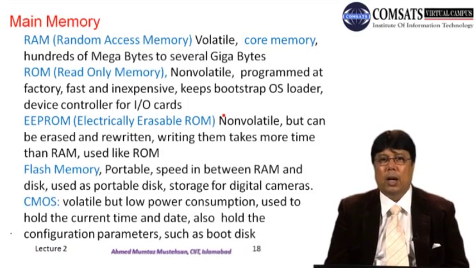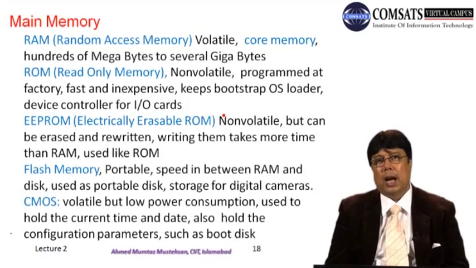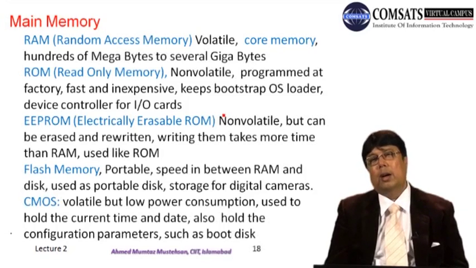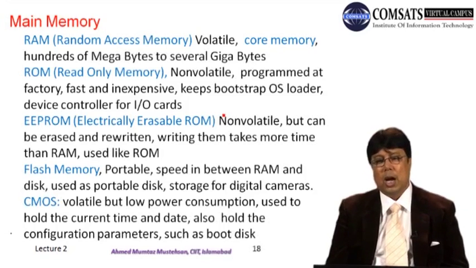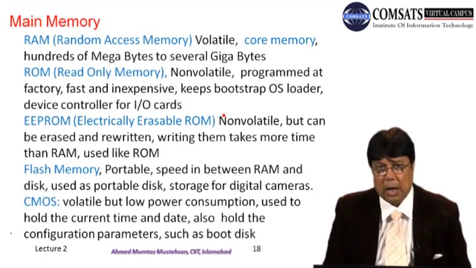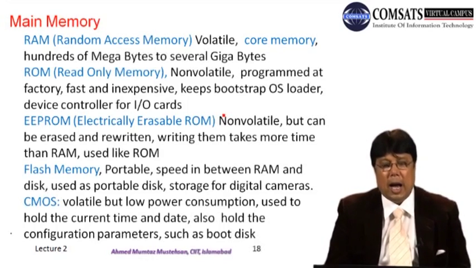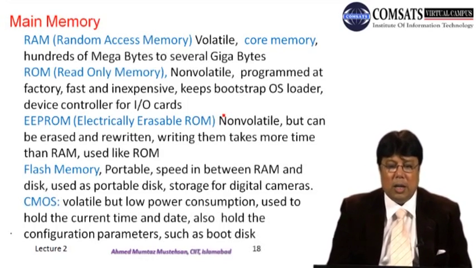So we can have 1 gigabyte RAM, very common with PCs, and we can have 8 gigabytes available with workstations, and nowadays the servers which are available have 32 gigabytes of RAM. It's very fast as compared to the hard disk, as I've already explained.